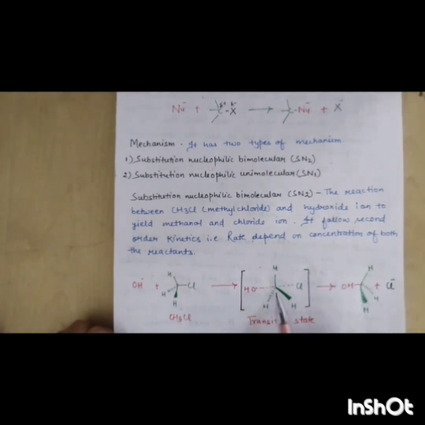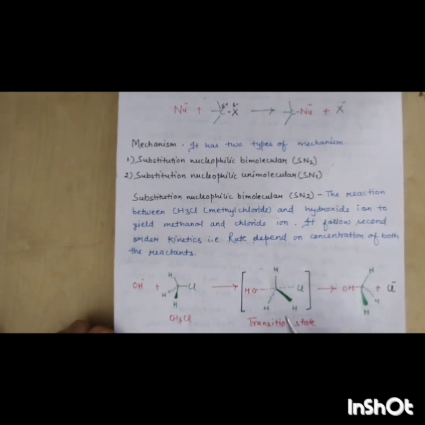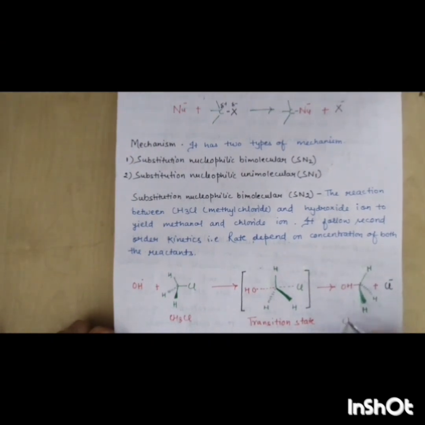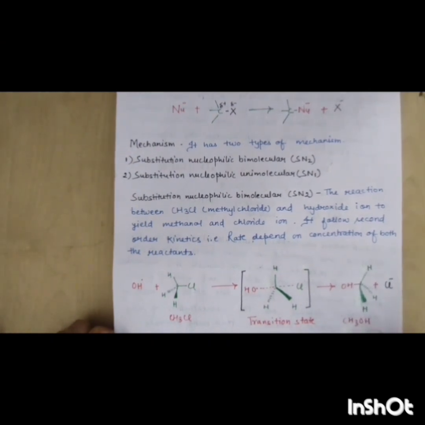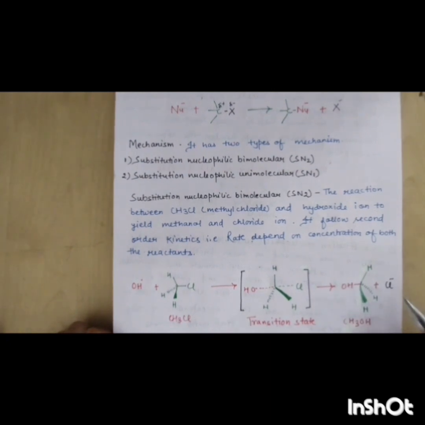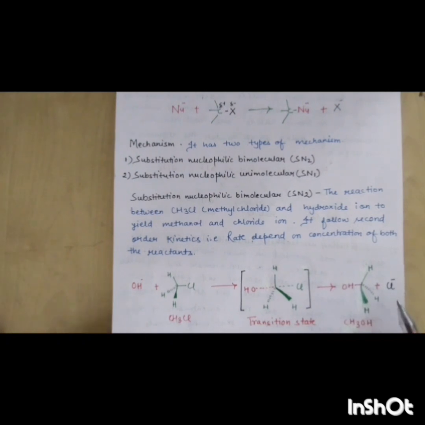Here the hydroxide is attached to the carbon and the chlorine is also still attached. This transition state is very reactive and ultimately forms the product, that is CH3OH, and chloride ion. Here you see that the chloride ion detaches from the molecule, resulting in methyl alcohol product formation.